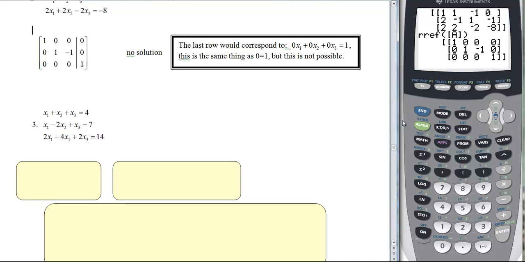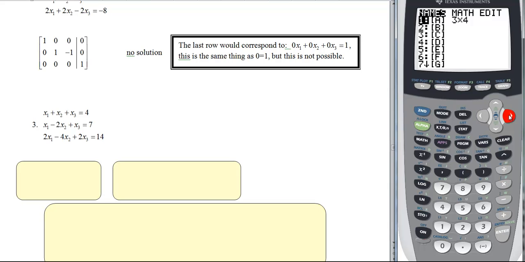Now let's look at this one. Second matrix, over to edit, and it's a 3 by 4. So 1, enter.